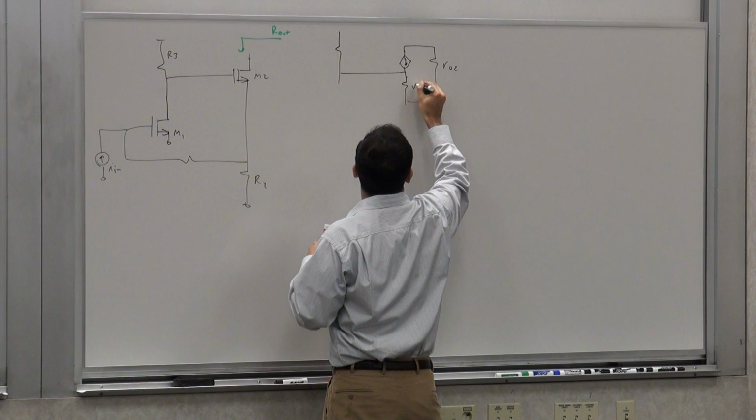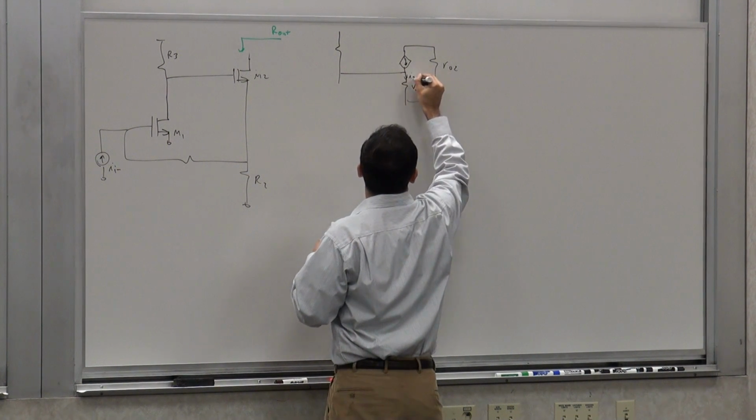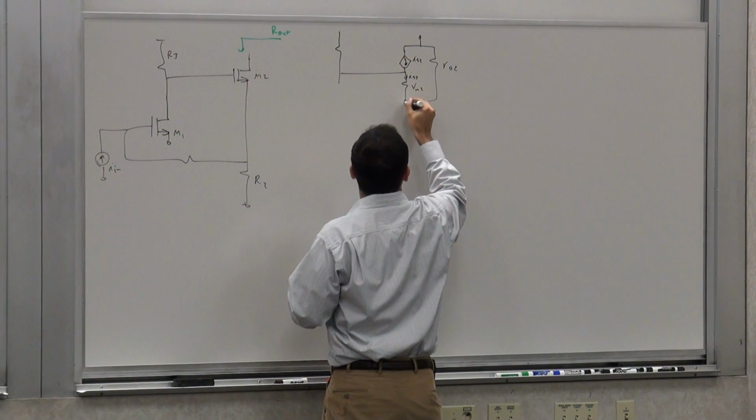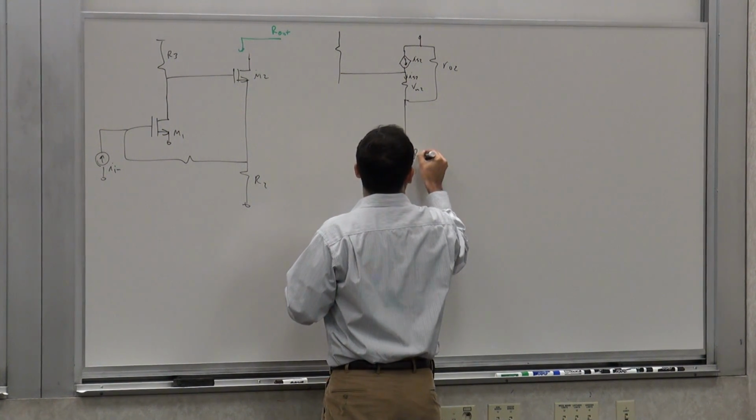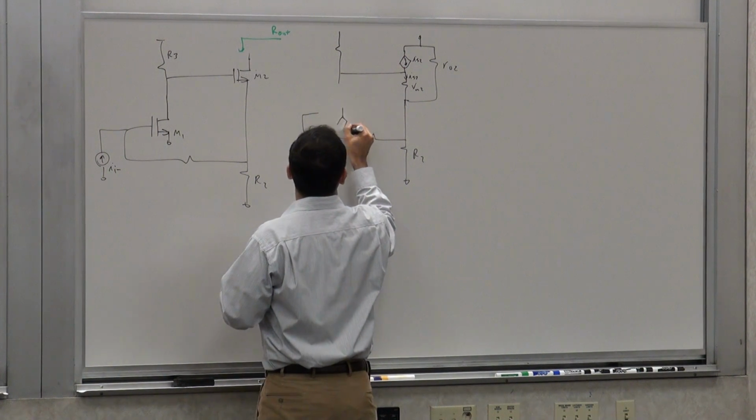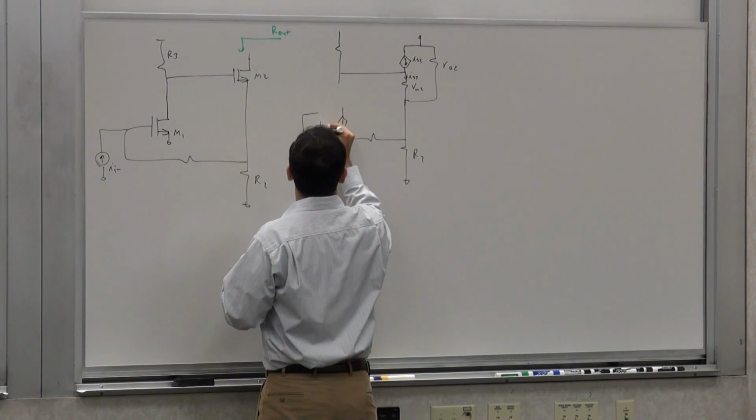RO2, RM2, IS2, R2, R1 coming in. This is the ground.